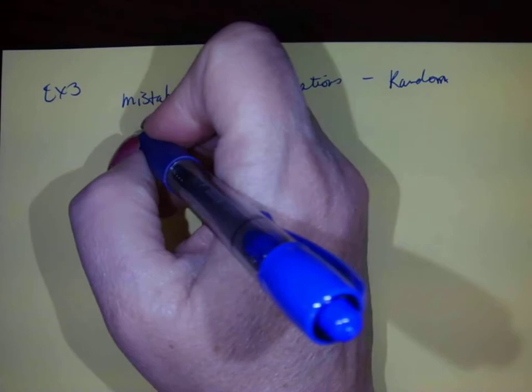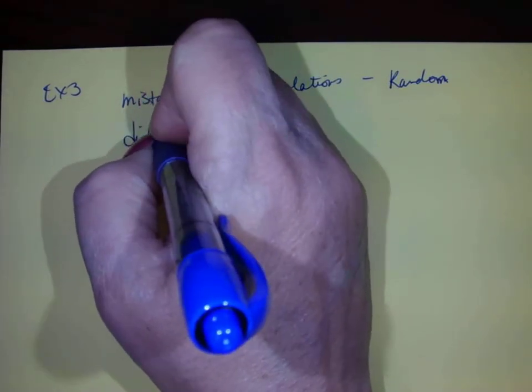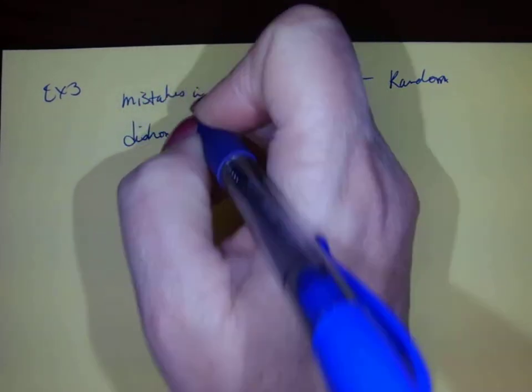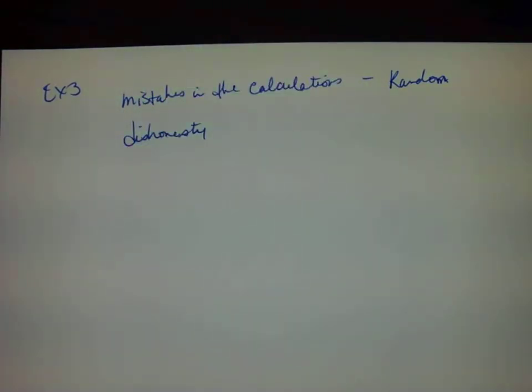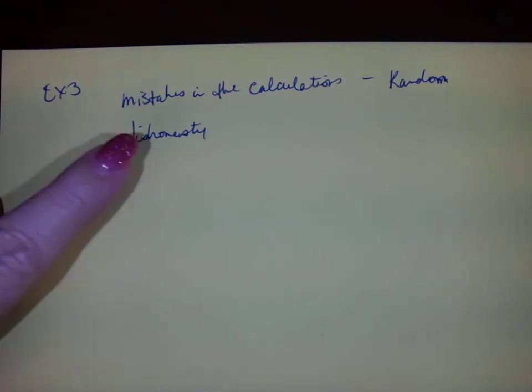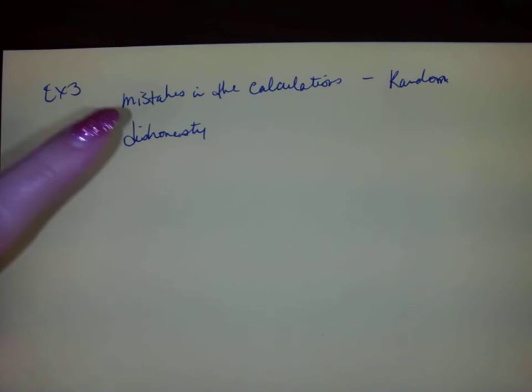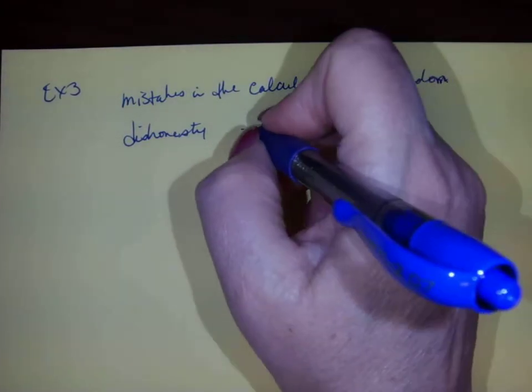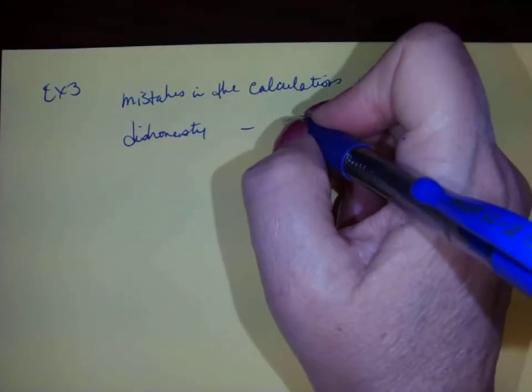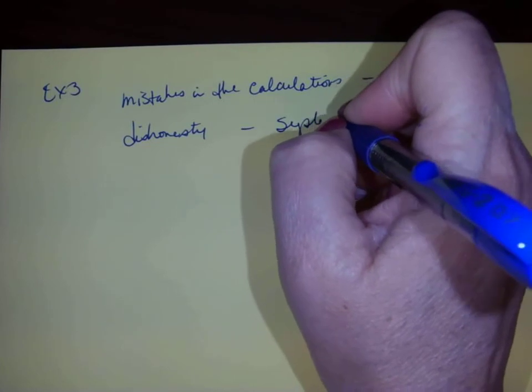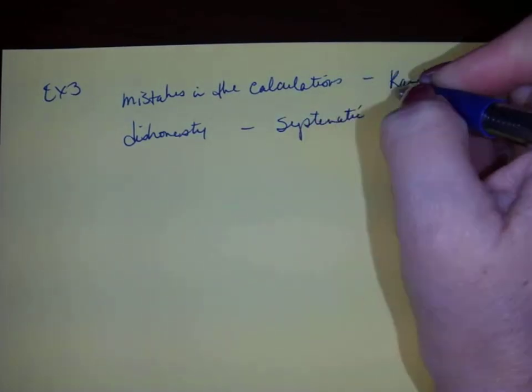However, the dishonesty, which is where it said there were entries that were intentionally made to lower the tax bill. So the incorrect ones, that's just dishonesty. And this is going to be a systematic error. That is not a random thing.